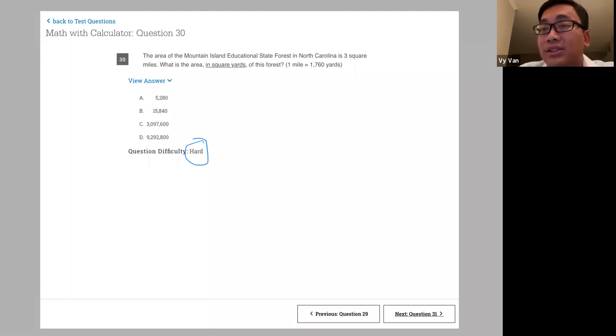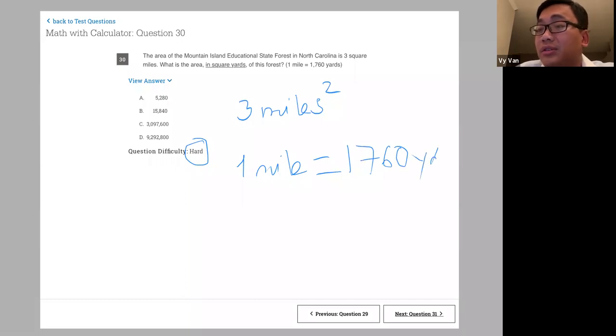So this one is 3 square miles. The area of this is 3 square miles. We know that 1 mile is equal to 1,760 yards. You want to know the square yards.